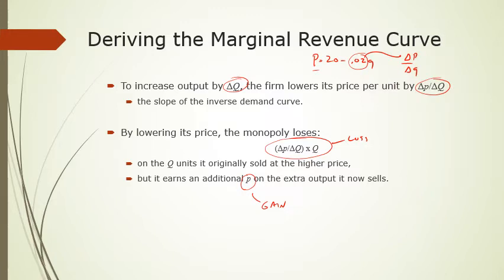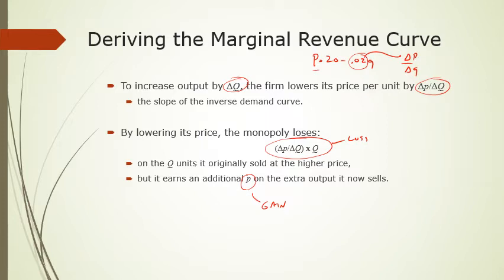So by lowering the price, the monopoly loses the original quantity Q times the change in price divided by change in Q. Think about that 2 cents that we had to drop the price to sell one more unit. It's the 2 cents times all previous units sold. That's that loss box that we saw earlier.